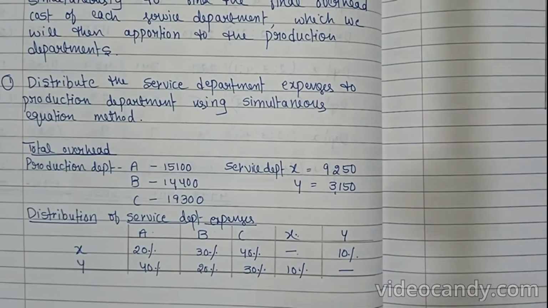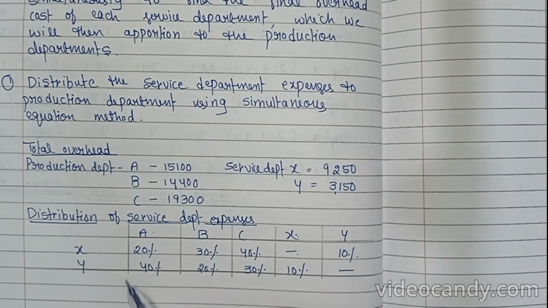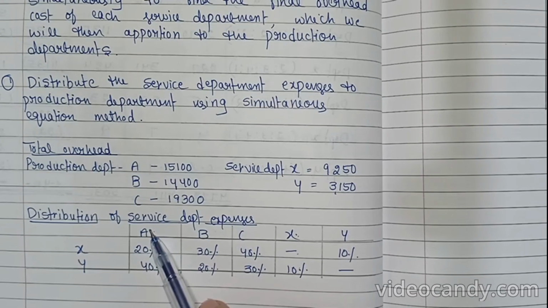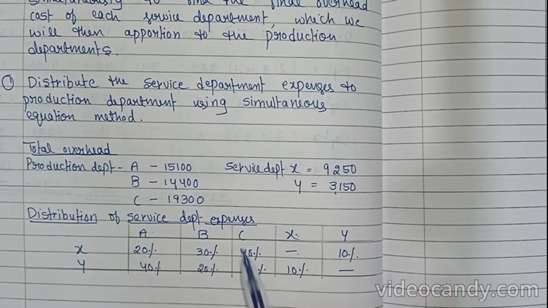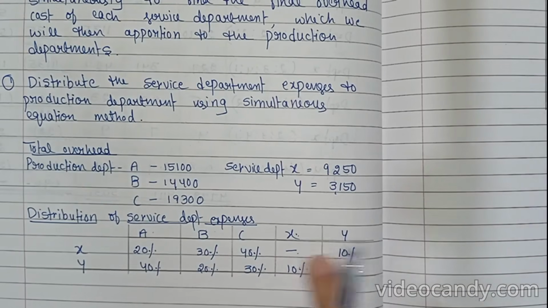Now, distribution of service department expenses. Here X and Y are the service departments. It means X provides 20% of service to A, 30% to B, 40% to C and 10% to Y. And Y gives 40% of service to A, 20% to B, 30% to C and 10% to X. See, X and Y service departments mutually serve each other.